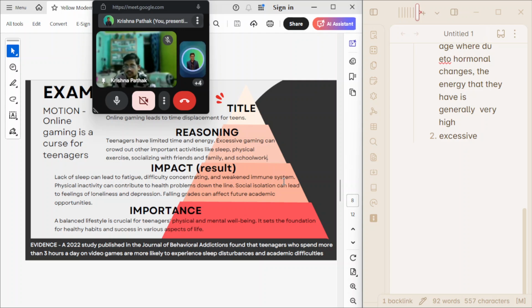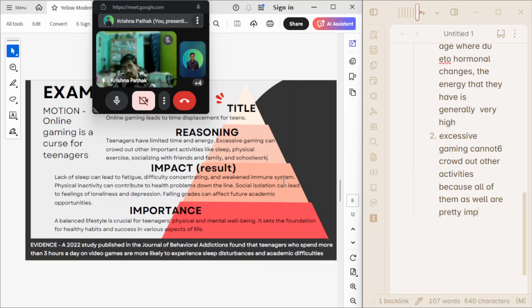In order to show this is untrue, I just need to show how excessive gaming cannot actually crowd out other activities, because all of them are pretty important for us to do, and so we will do them no matter how much we like gaming.